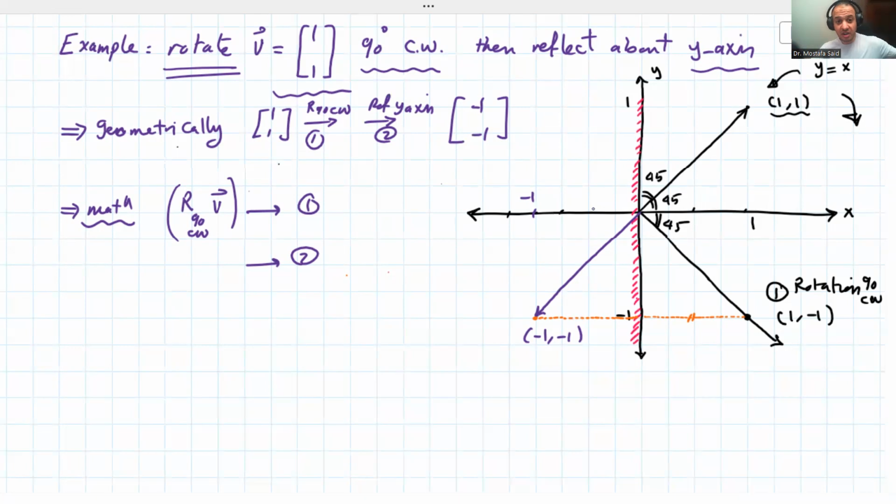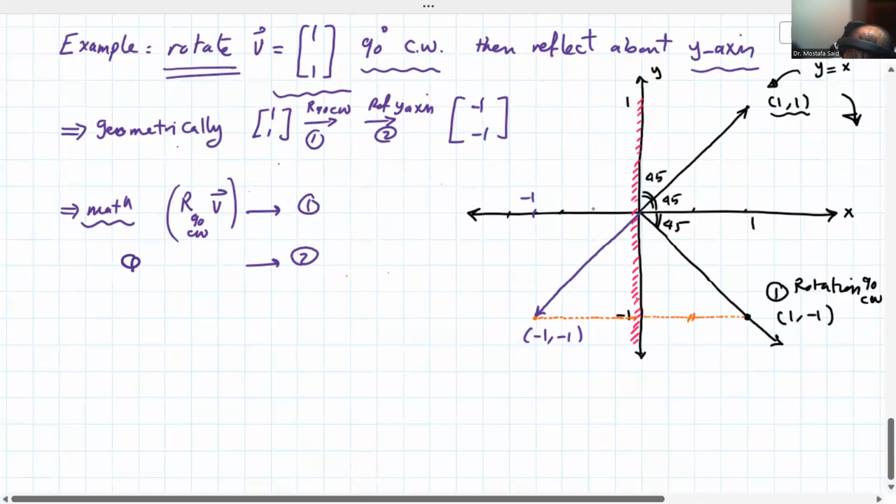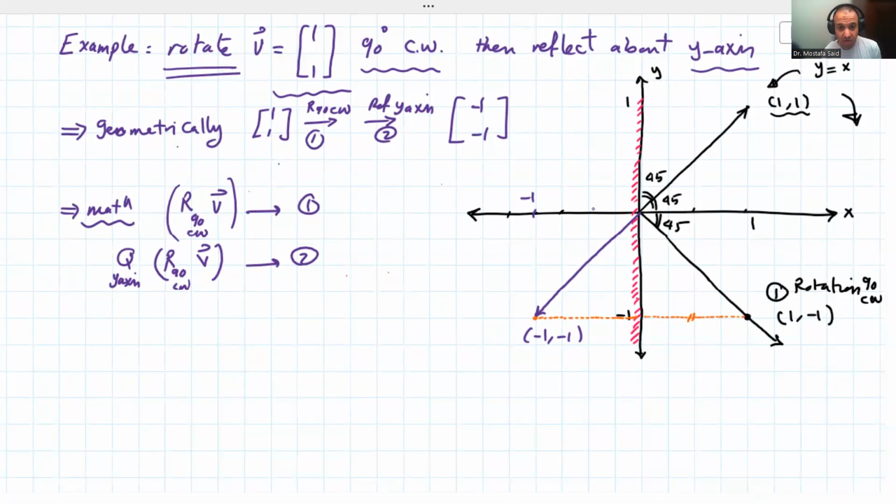Usually we call the reflection matrix Q. So it's Q, reflection about the y-axis, times R 90 clockwise, times vector v. We know v is (1, 1). We just need to know R 90, then Q.